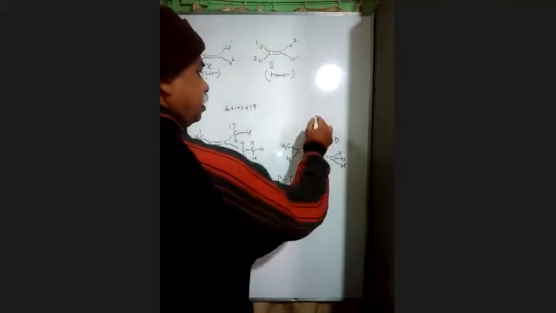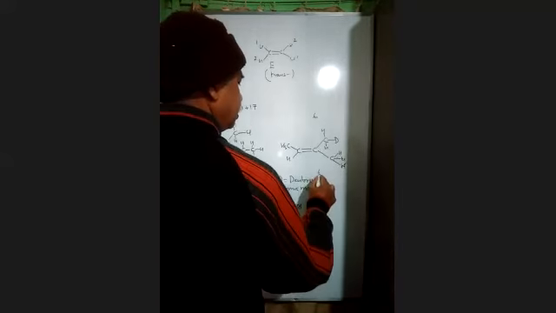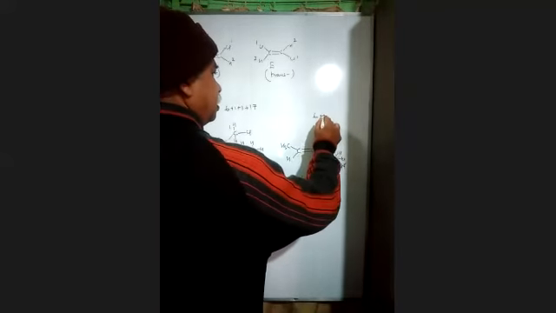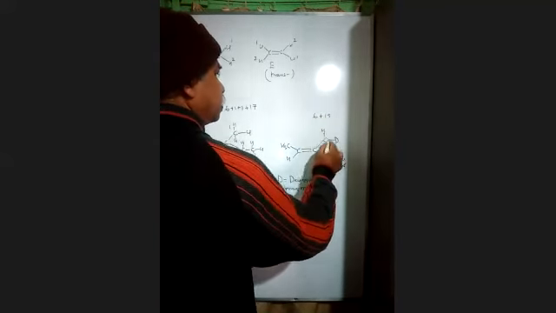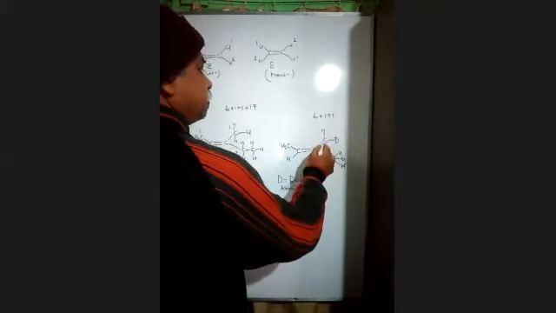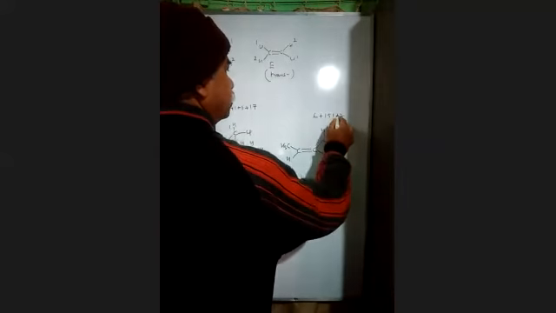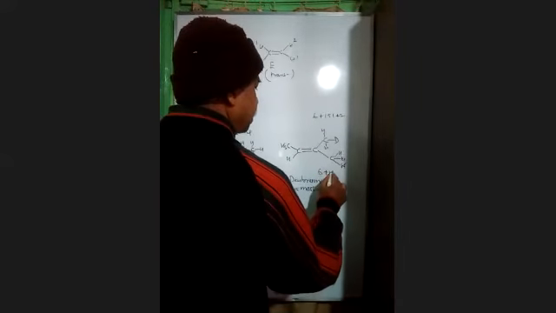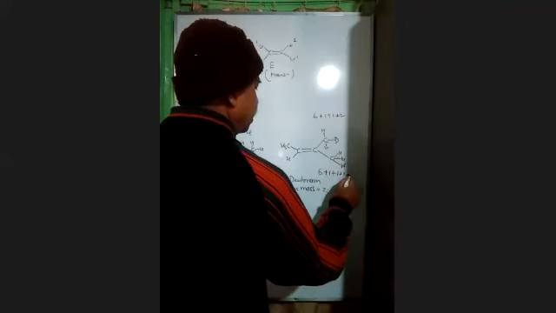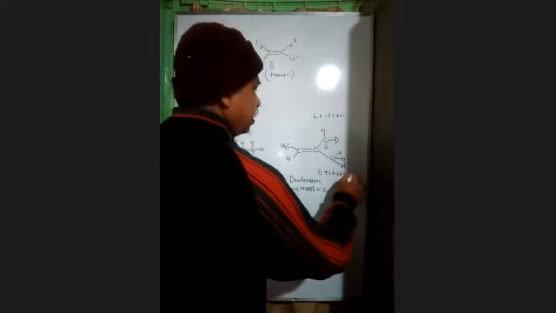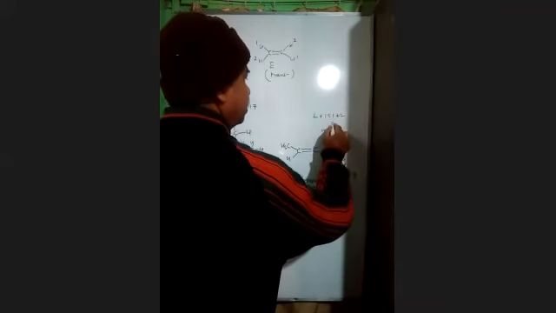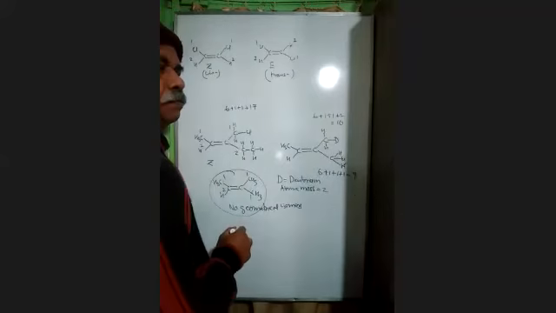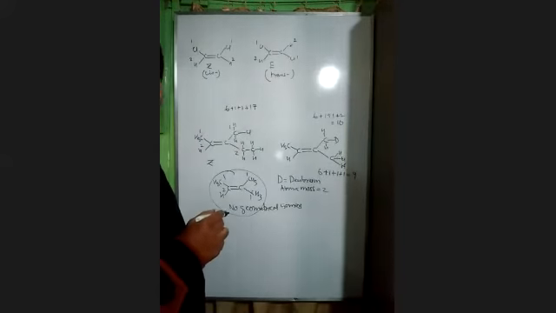See here now. This is 6. This is 6. This is 1 plus 1 plus 1. This is protium. And this is 2. And this is 6 plus 1 plus 1. So it is what? 9. This is 10. It is going to show geometrical isomers.